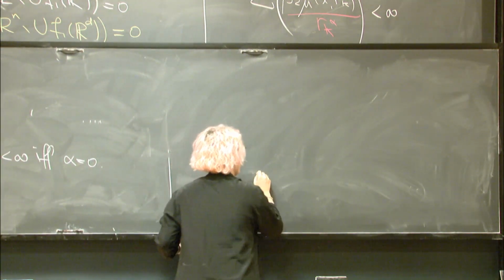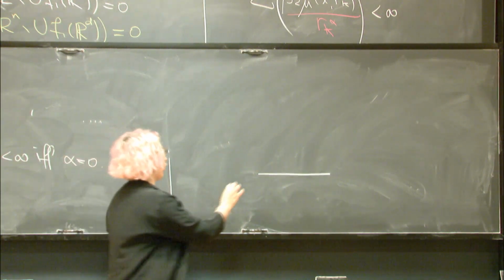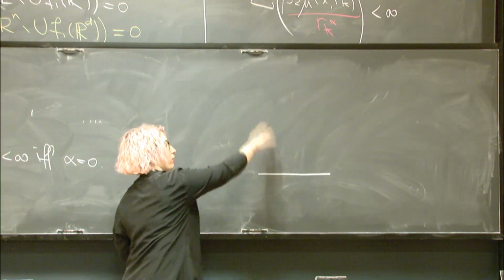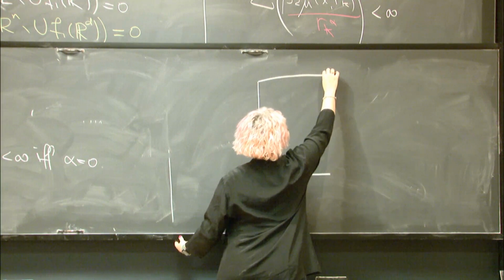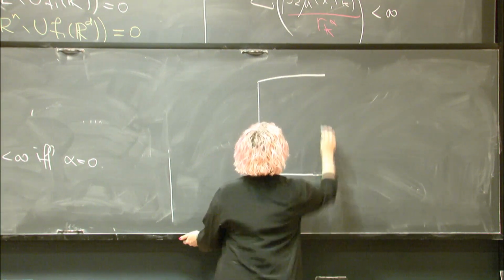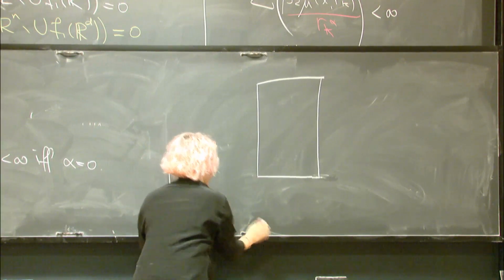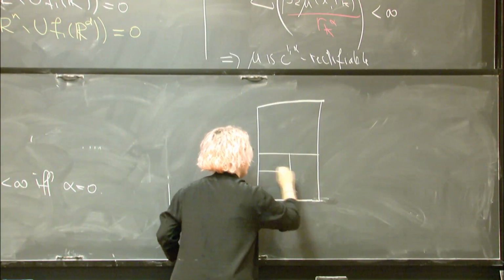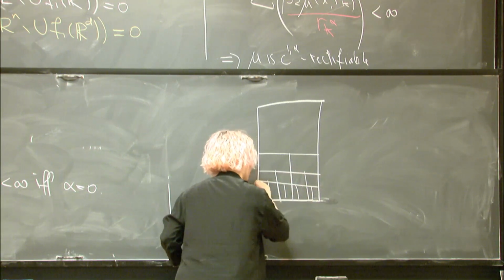Okay, so let me take the segment 0, 1 in R2. And now I'm going to take the Whitney decomposition of the box above it. So what is a Whitney decomposition?